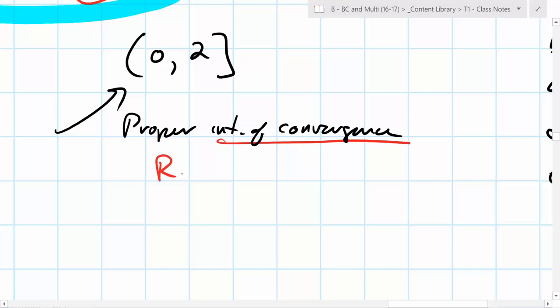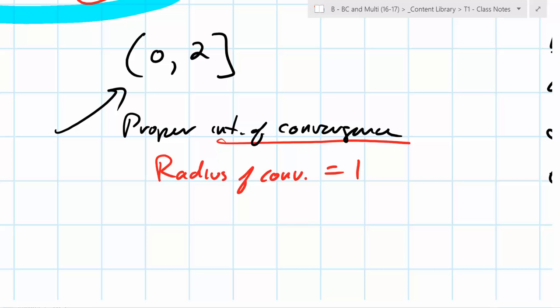Anybody want to guess what the radius of convergence is going to be for this? It's 1. It's just the distance from the center. You're going to be asked questions like, what is the radius of convergence? It is 1 because it's half of the distance from the lowest to the highest. What happens if it's convergent everywhere?